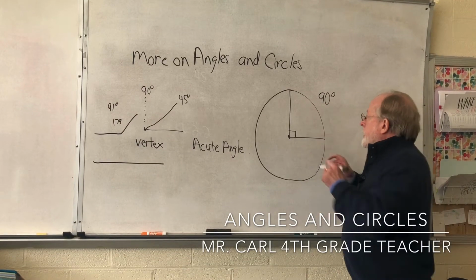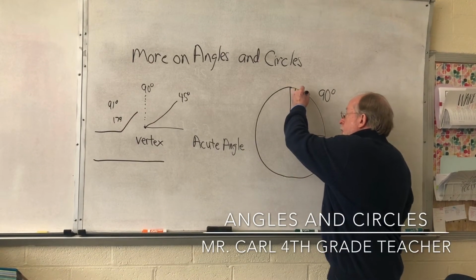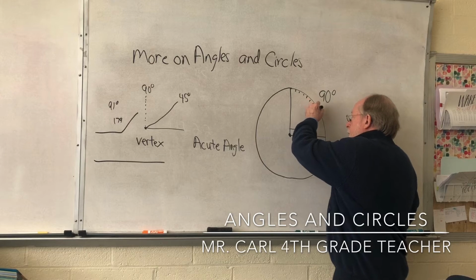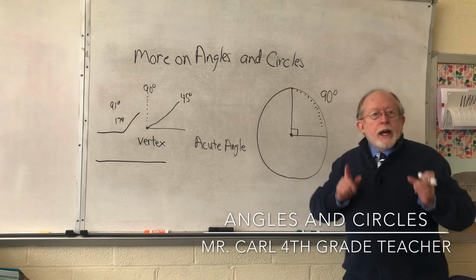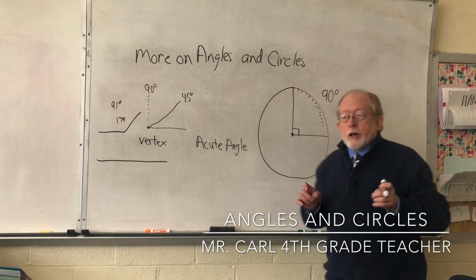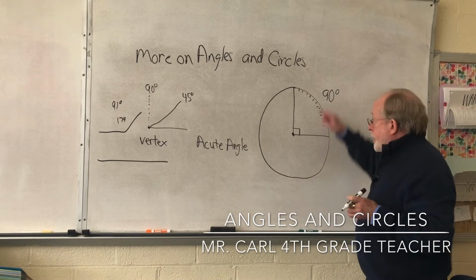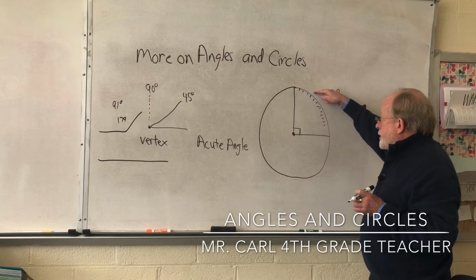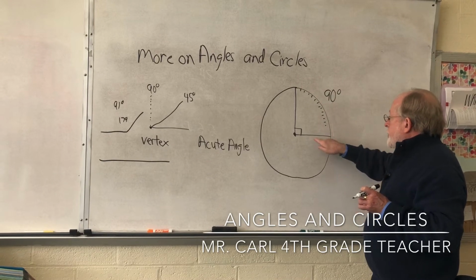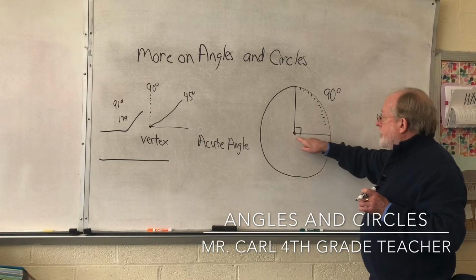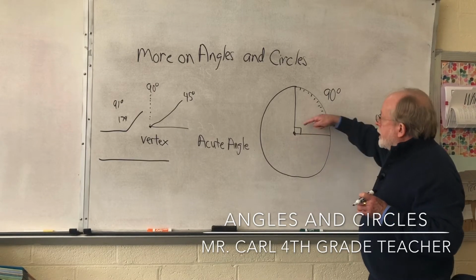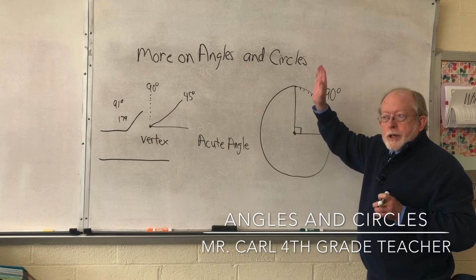When you have a right angle, that means that there are 90 little marks, and I'm not going to be able to get 90 marks in there because angles are measured in a measure called degrees. And so for the 90-degree angle, you can imagine that there would be 90 marks between this part of the angle, and this is a line segment, and that part of the angle, which goes straight up.